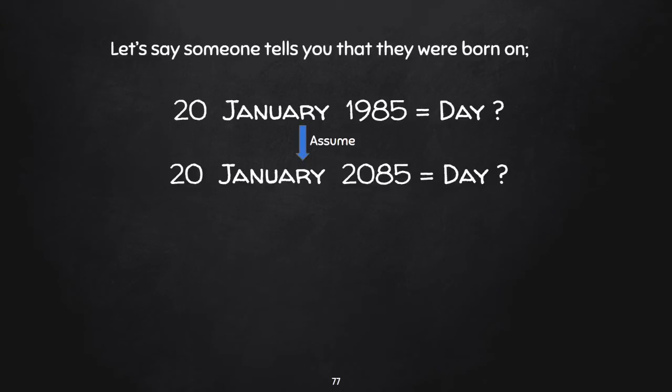Our solution becomes 6 plus 6 plus 1. Subtract the multiple of 7 from 20 and we get 6. The code for January is 6, and subtract 84 from 2085 and we get 2001, which has a year code of 1. So our solution becomes 6 plus 6 plus 1, which is 13. Drop the multiple of 7 and we get 6.